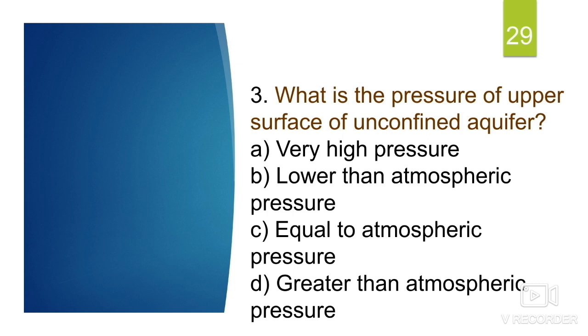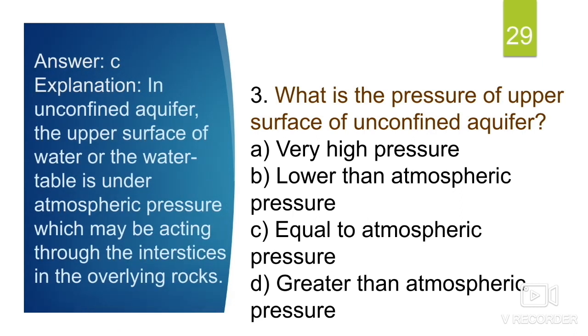What is the pressure of the upper surface of an unconfined aquifer? Very high pressure, pressure lower than the atmospheric pressure, equal to atmospheric pressure or greater than the atmospheric pressure? So we have already discussed the definition, that is the aquifer in which the groundwater occurs under atmospheric pressure. So these are known as unconfined aquifers.